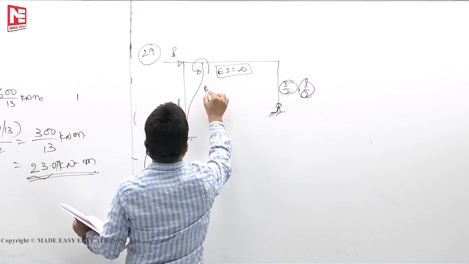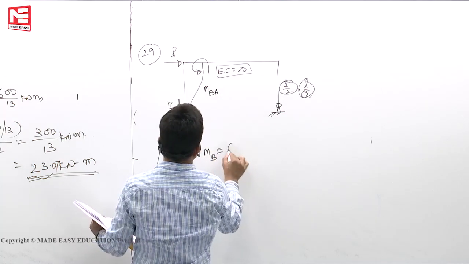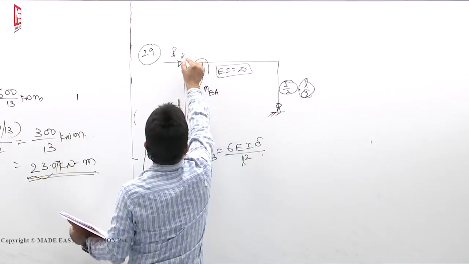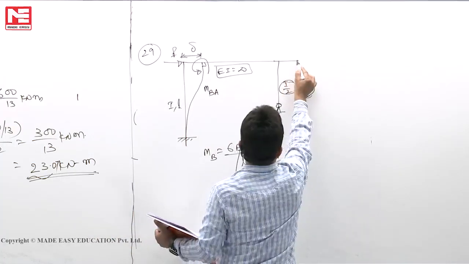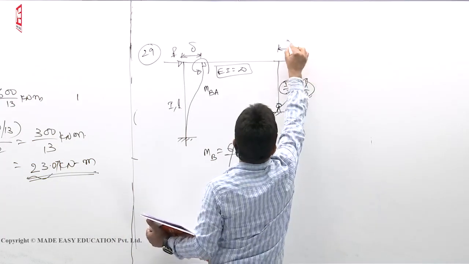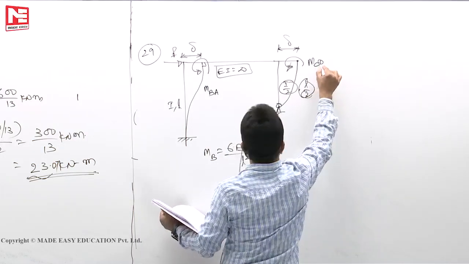Then MBA: you will get MBA equal to 6EIΔ by L². The sway may be some Δ. Already this can be maintained like this only. This is fixed, it will go like this. This is also Δ. Then here the moment is MCD.